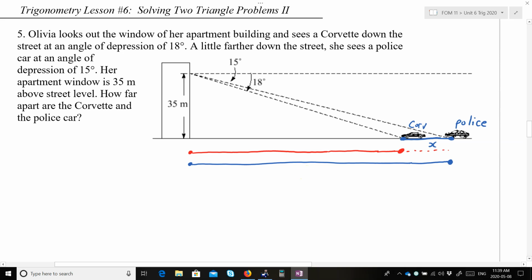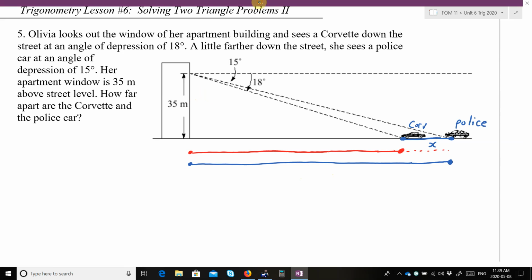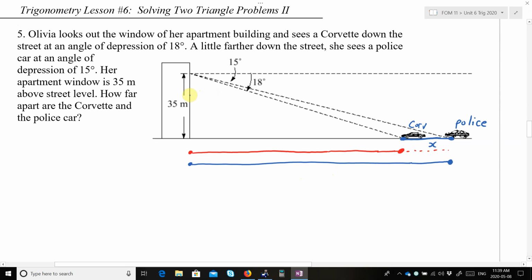To get this big blue line, we need this angle from here all the way to that second dotted line, so we're using this big triangle.